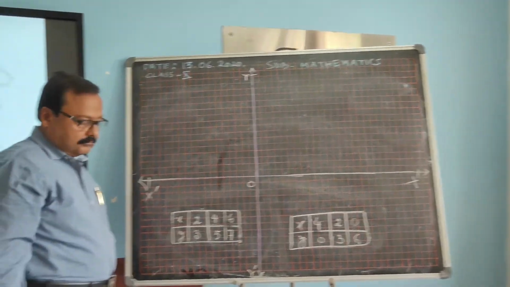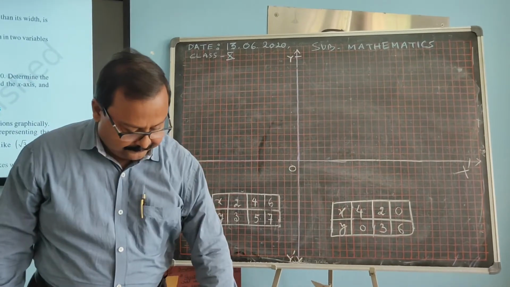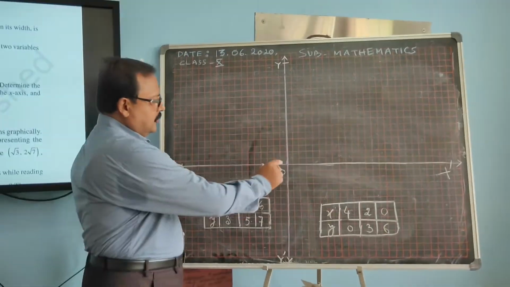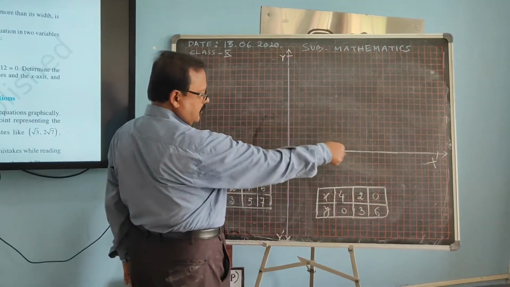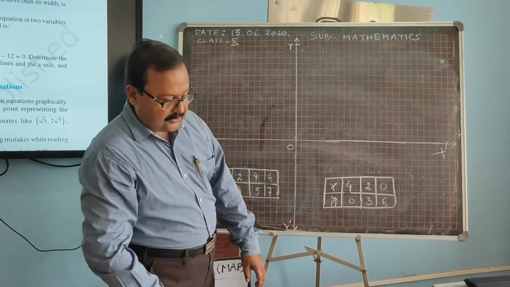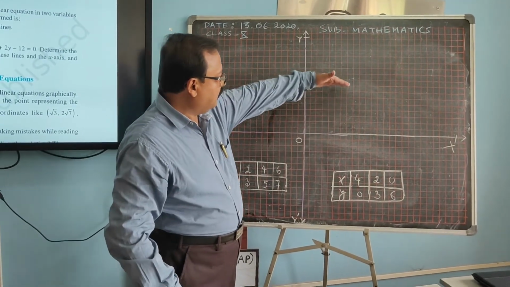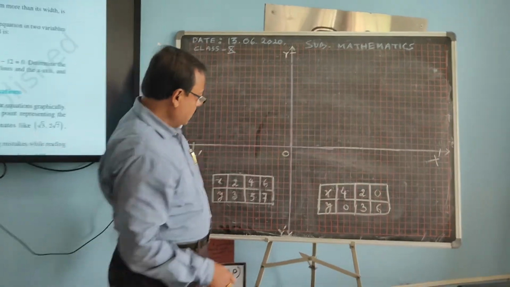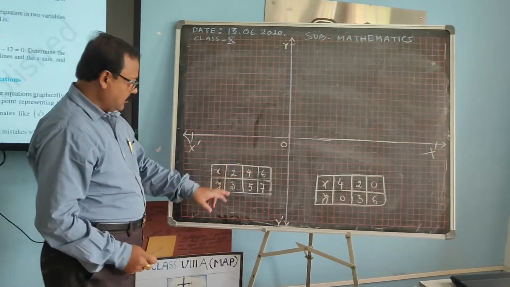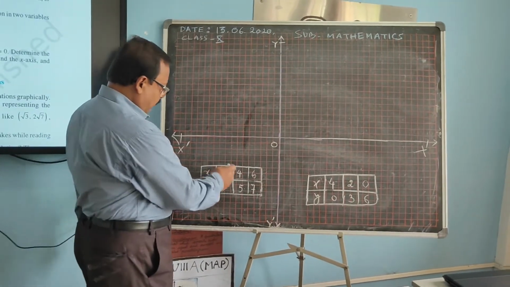The distance from the y-axis to any point is called the abscissa, and from the x-axis to a point is called the ordinate. Already you know very well these things. And let us start plotting the points.